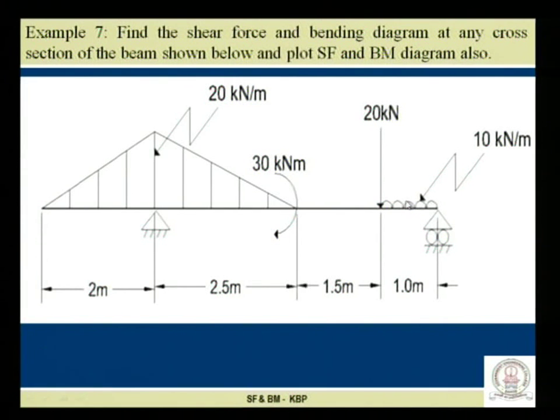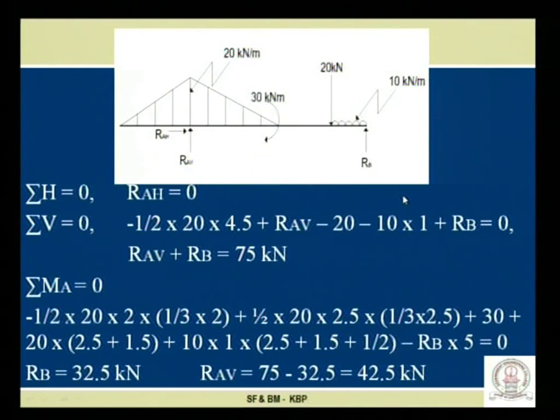In the last lecture, we also found out the support reactions using the 3 equilibrium conditions, and we got RB equal to 32.5 kilonewton while RAV is equal to 42.5 kilonewton. We used the 3 equilibrium conditions: sigma H is equal to 0, sigma V is equal to 0 and sigma MA is equal to 0, that is the summation of all the moments of forces at point A, which is equated with 0.